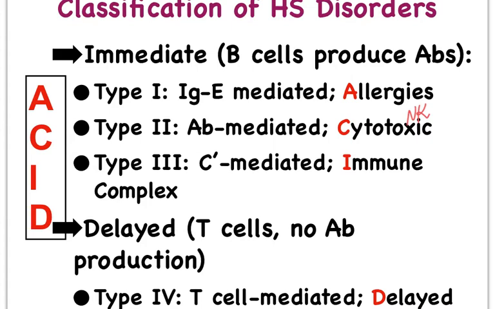In type 3, we're going to see these immune complexes that precipitate and create havoc, especially in the basement membranes of blood vessels. And then finally, type 4 is delayed. I'm not very dependent on that mnemonic ACID, but it might help some of you.